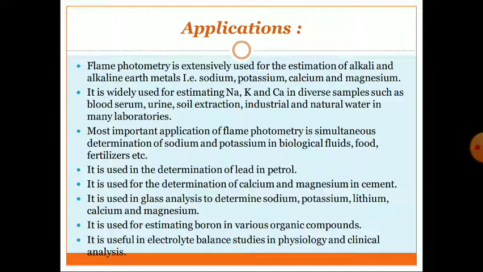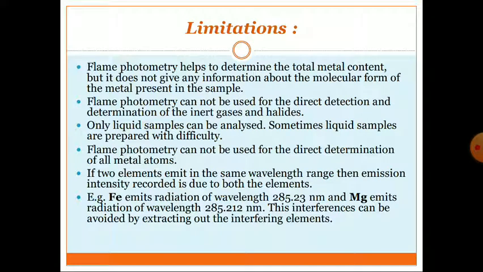Now the limitations of the flame photometer. In the limitations, the flame photometer helps to determine the total metal content, but it does not give any information about the molecular form of the metal present in the sample.